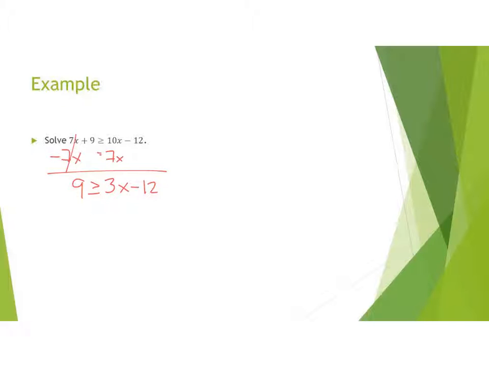You do the same steps, then I want to get rid of the 12, so I'm going to add the 12. 21 is greater than or equal to 3x. I'm going to divide by 3 to get x by itself, so I get 7 is greater than or equal to x. Or you can flip it and write it x less than or equal to 7.